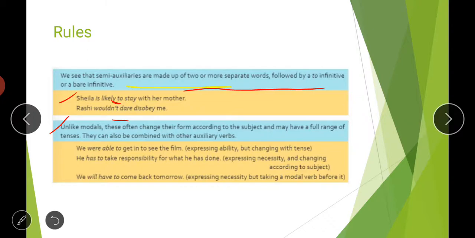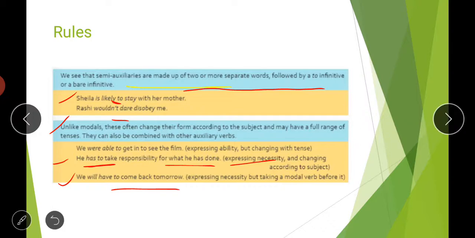Then if we look at the second one, he has to take responsibility for what he has done. So again, has to take responsibility, expressing necessity. Then, we will have to come back tomorrow, expressing necessity again, but taking the modal verb before it.